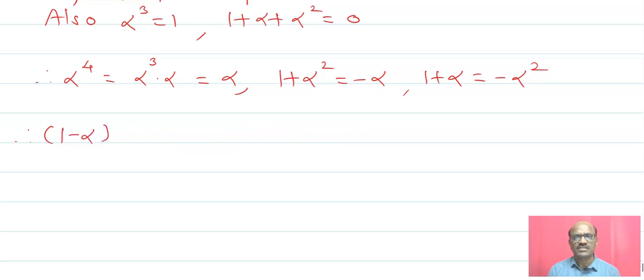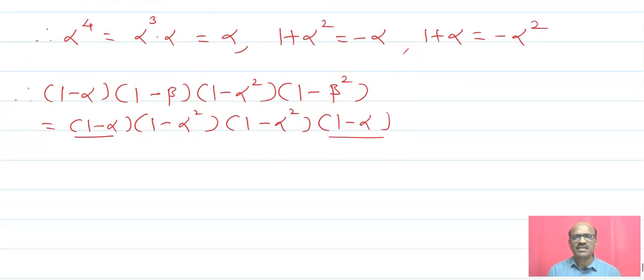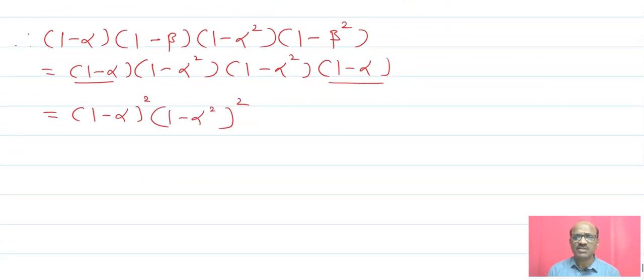Now see this, I am writing again 1 minus alpha into 1 minus beta into 1 minus alpha square into 1 minus beta square. Substitute the value: 1 minus beta means alpha square, and again it is alpha. All the terms are in the form of alpha. Now see this, 1 minus alpha into 1 minus alpha, that is 1 minus alpha bracket square, and 1 minus alpha square 2 times, there again it is a bracket square.